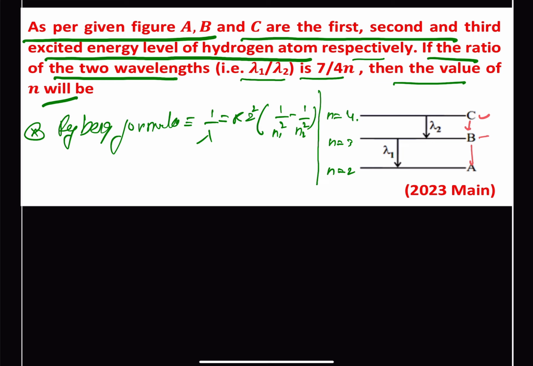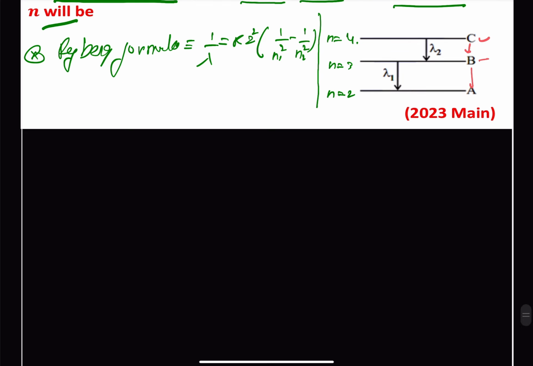So we have two wavelengths, so we can modify this formula into two parts. First is for 3 to 2, and that is our lambda 1.